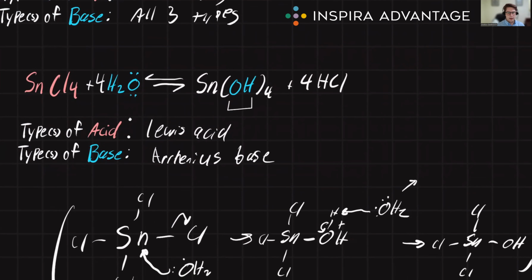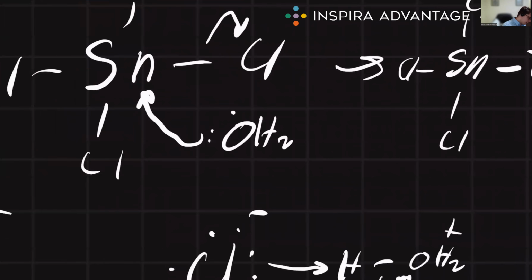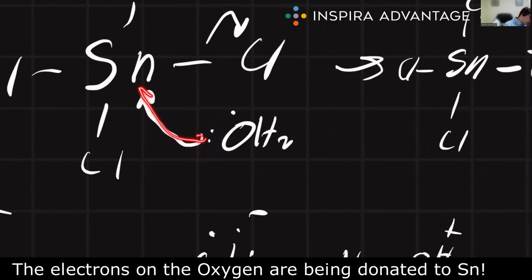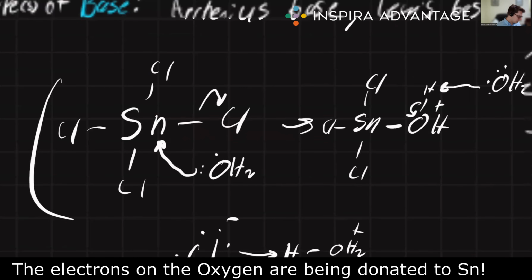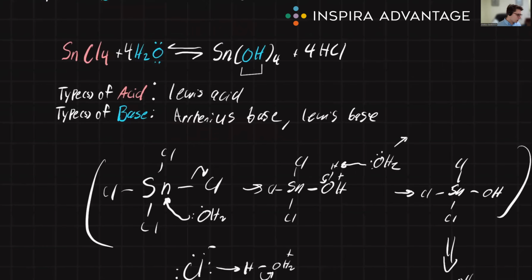Water is going to act as an Arrhenius base and a Lewis base. And we want to remember that a Lewis base is going to donate electrons. Well, is this happening? Yeah, right here. If we look right here, these electrons are being donated to tin. Oh, okay. That explains why water's acting as a Lewis base.